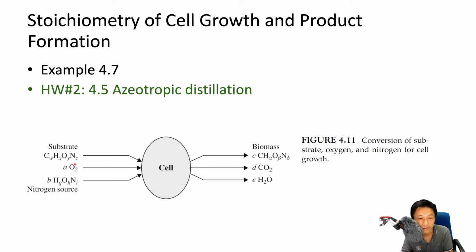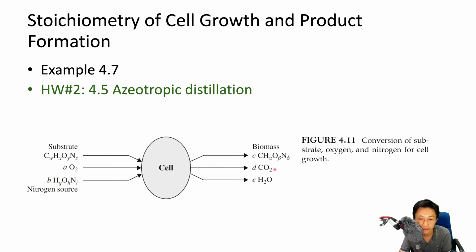You need to have oxygen for them to use in their growth. You need to have a nitrogen source. So it's something that has a chemical formula. You have the biomass here.